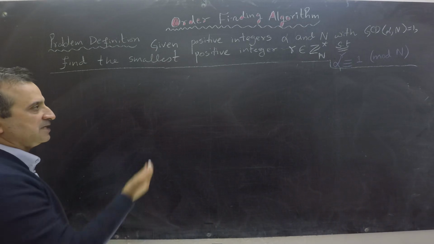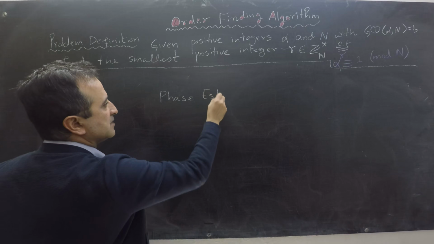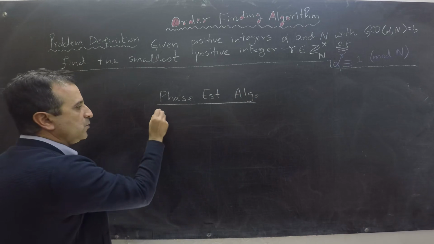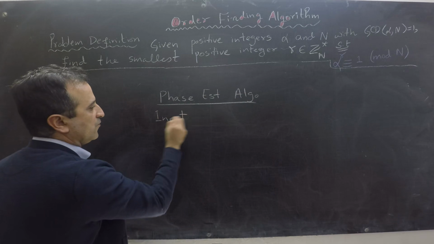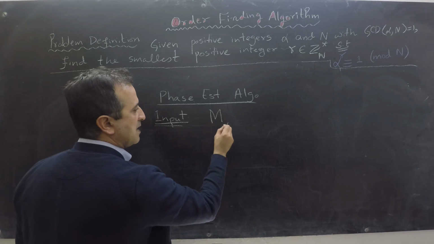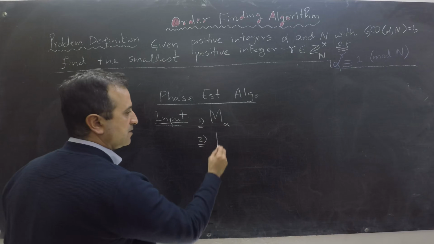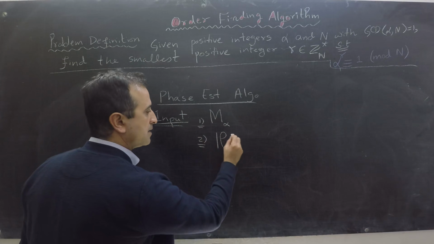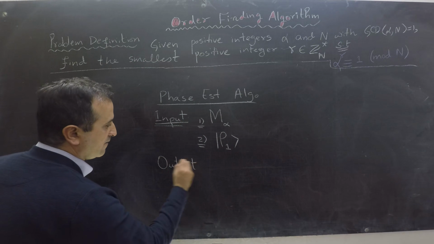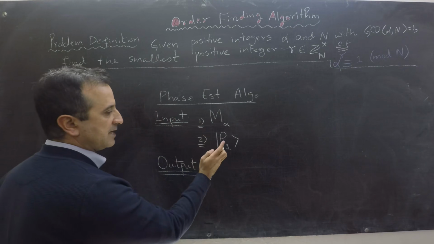To my phase estimation algorithm, I can give input of my special matrix, unitary matrix M alpha, and its eigenvector rho 1. And what will be my output? My output will be theta corresponding to this eigenvector.